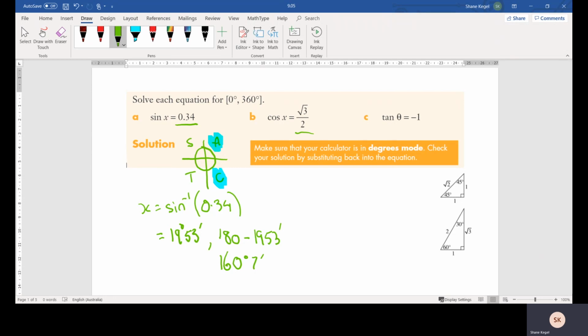So cos x equals root 3 over 2. To get my degree measurement for x, I can tell that root 3 on 2 is an exact value, so I need to have a look at my triangle.